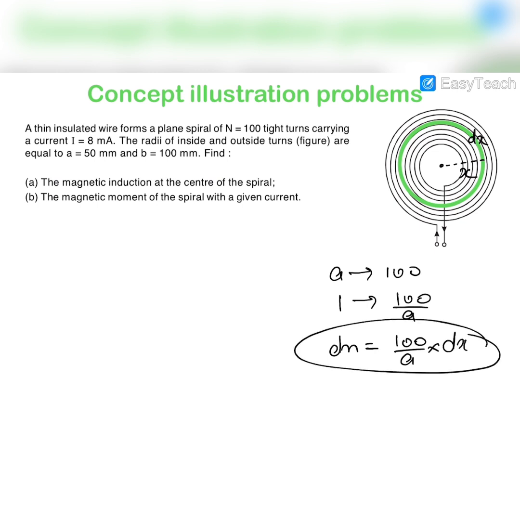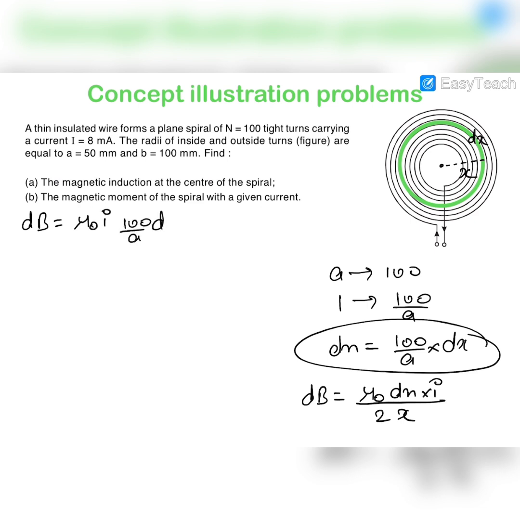The magnetic field due to this small element at the center will be dB equal to mu naught n I, which is dn into I, divided by 2r. Now r is x, so dB will be equal to mu naught I, and dn is 100 by a into dx, divided by 2x. The net magnetic field will be the integration of this field, so it would be mu naught I by a, and this would be 50.